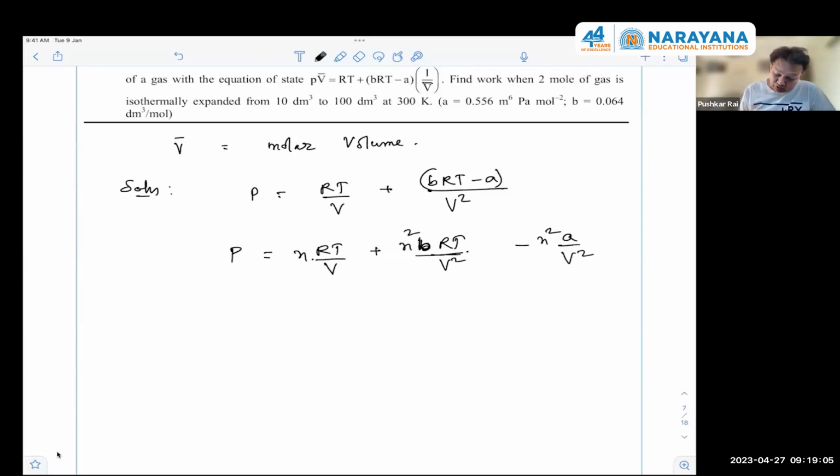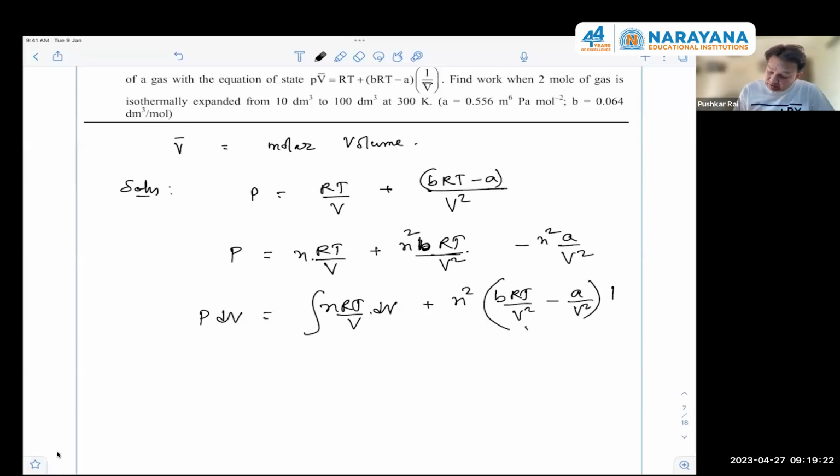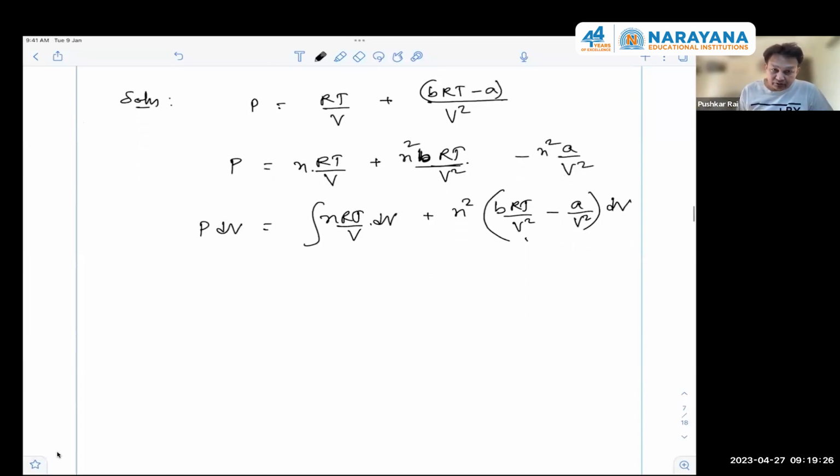So what do you have to do now? P dV. So integral of nRT by V into dV plus n square bRT by V square minus a by V square into dV. I think we can integrate it to get this. And if we put a negative sign, then it will be good for chemistry. Put also here a negative sign.